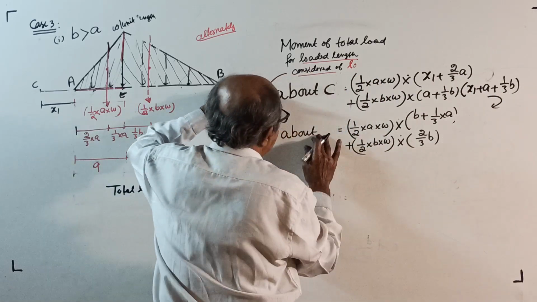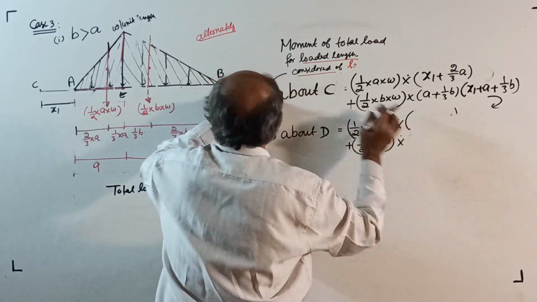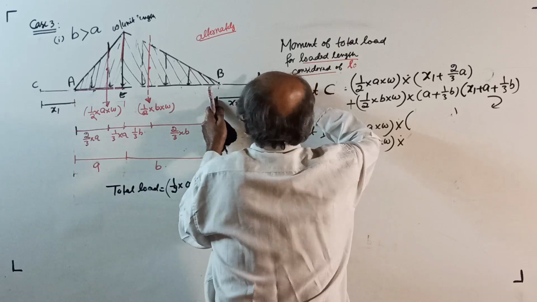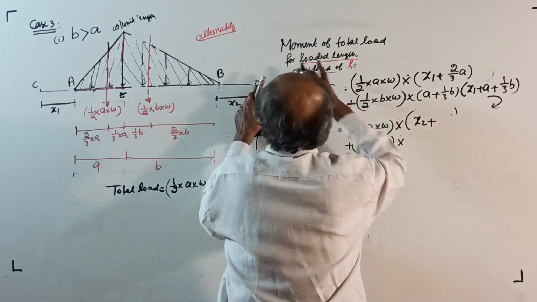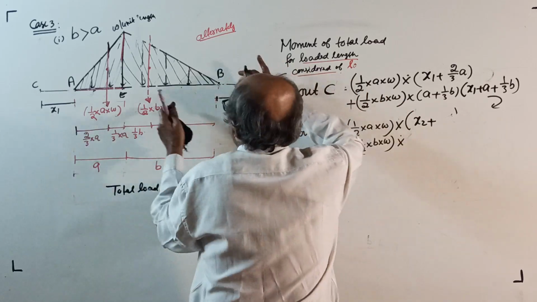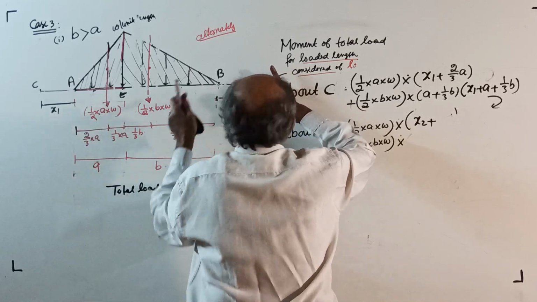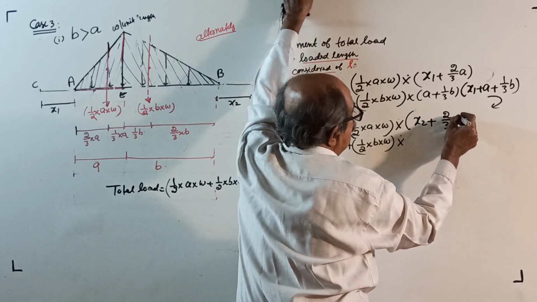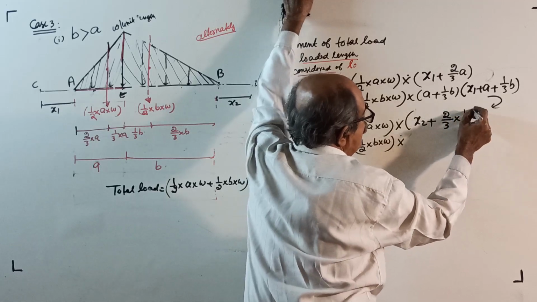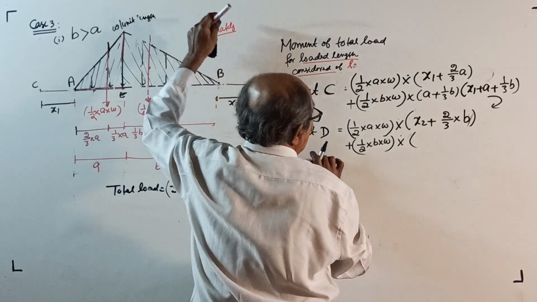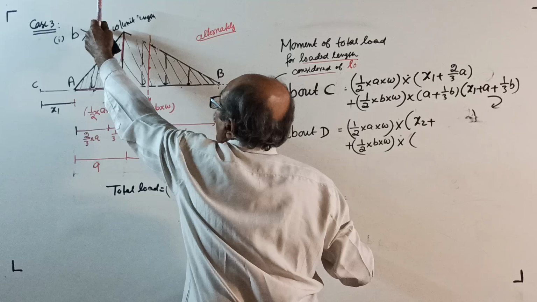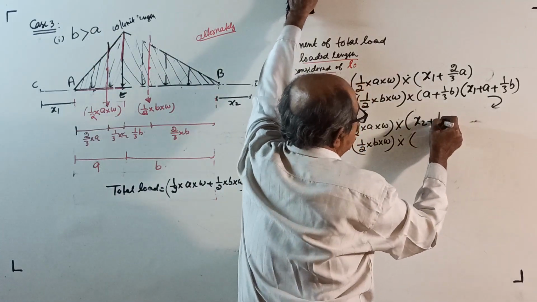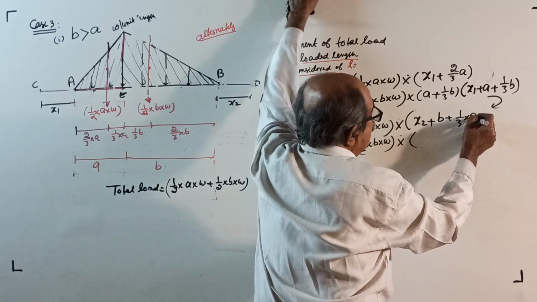And moment about D. When you take moment about D, see here, half into A into W into x2 plus B plus 1/3 of A. Sorry, correct, I got mixed up with the loading.